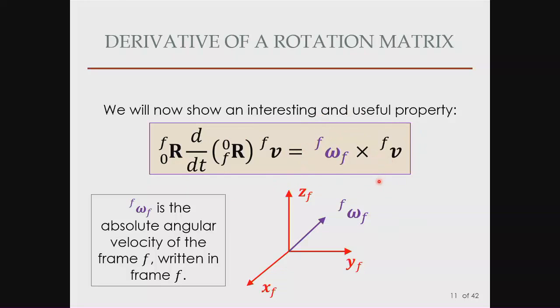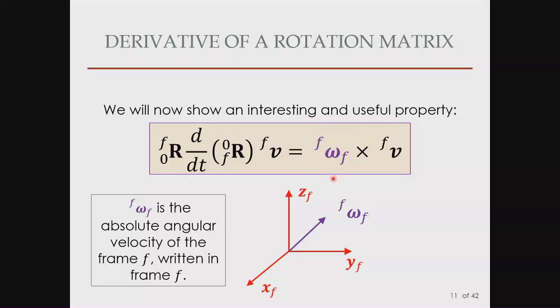So we will eventually be finding a formula for the derivative of a vector that you can apply in some frame f that is potentially rotating. What is this omega f in frame f? We already spoke about angular velocities. This is the absolute angular velocity of frame f expressed in frame f, expressed along the coordinates of the rotating frame f.